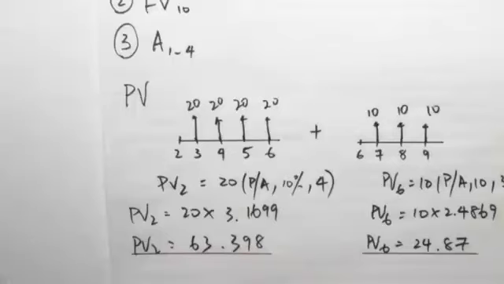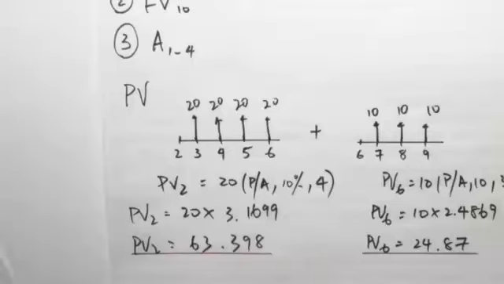So once again we find the present value of this annuity at year 6, one period before the first annuity payment, and we simply use the interest rate table again, get our factor, and we work out the present value at time 6 to be $24.87.